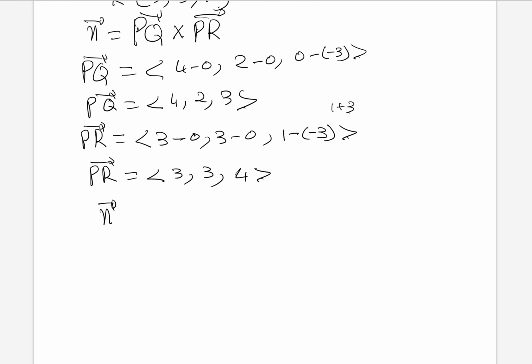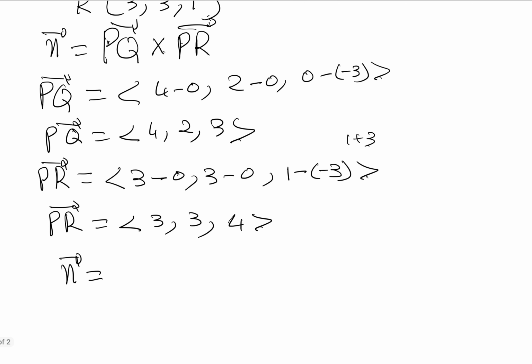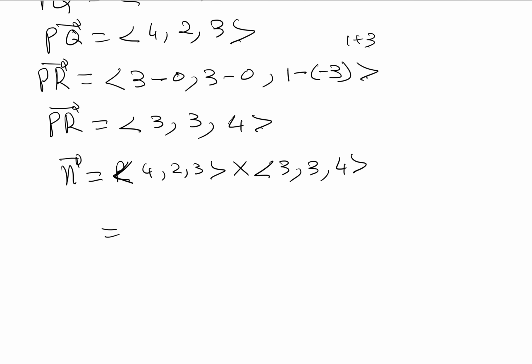Okay, now let's find the normal vector. So the normal vector is equal to the cross product of 4, 2, and 3 with 3, 3, and 4, and you have the i, j, k vectors.